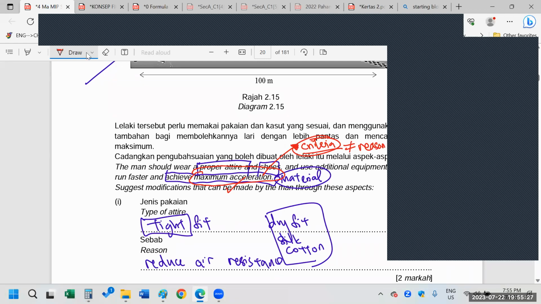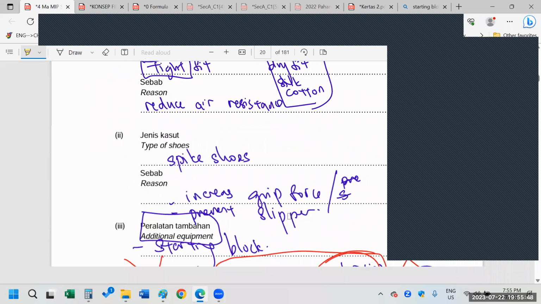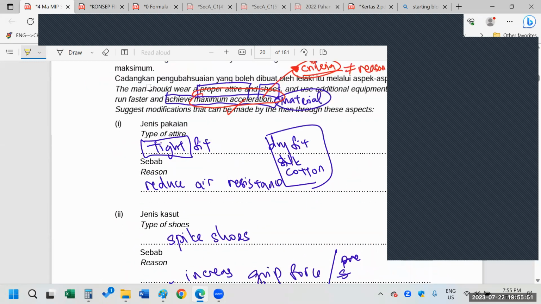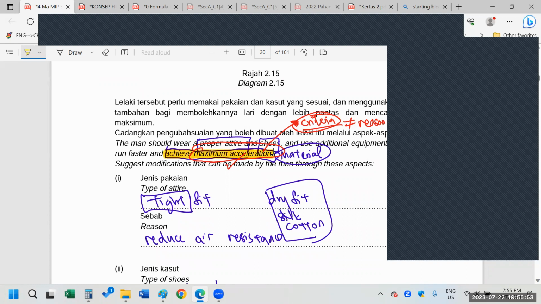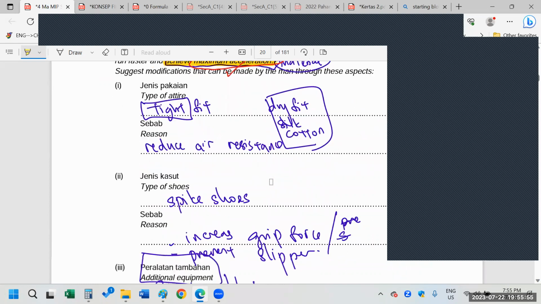So I really encourage you all to highlight it. Then you might ask, teacher, can use highlighter in exam? Okay, no problem. As long as you don't highlight in the answer place. Or you underline lah, up to you. Every time you write reason, you check back. Is it mentioned before? If mentioned before, please change sentence.